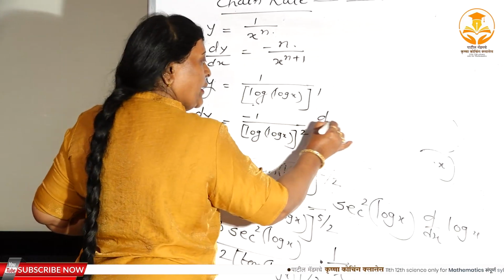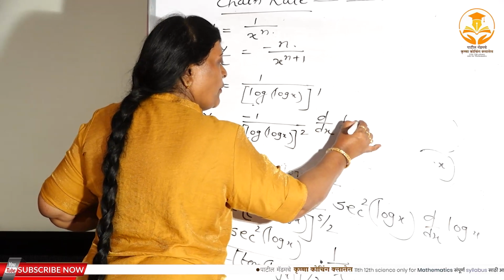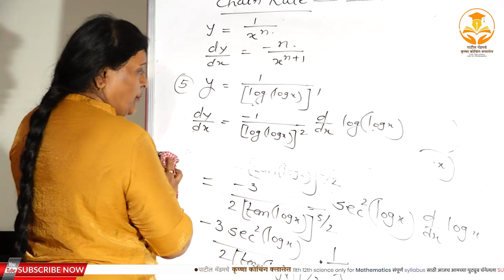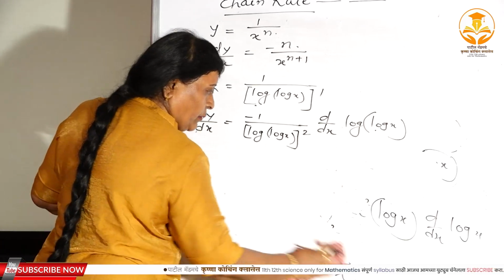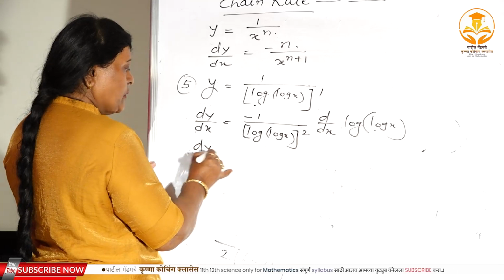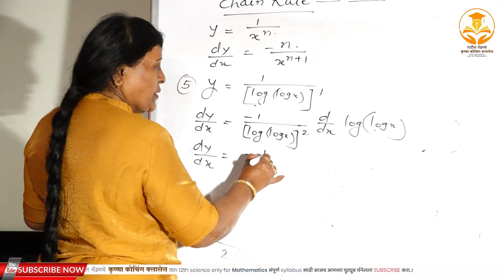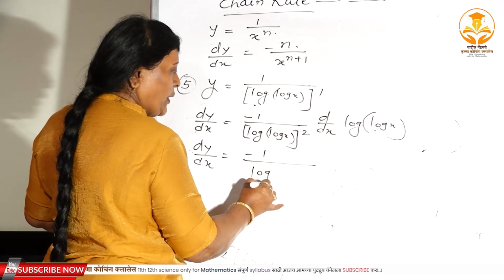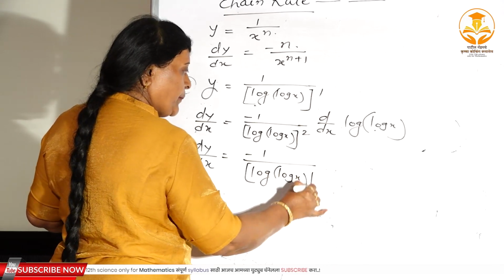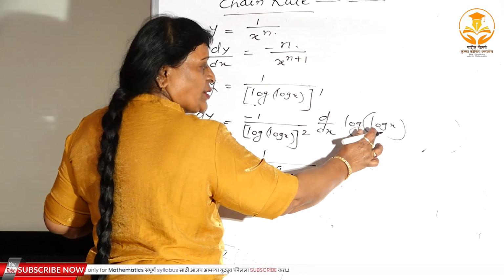Again you have to take d dx of log x. Right? Now here again dy by dx is minus 1 upon log of log x whole square. Here this is u.